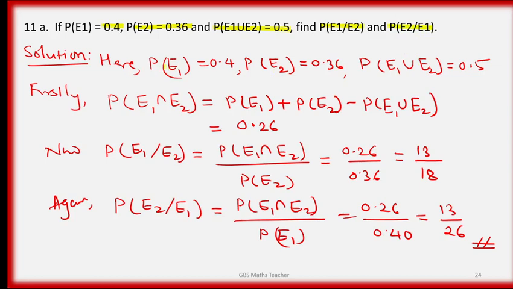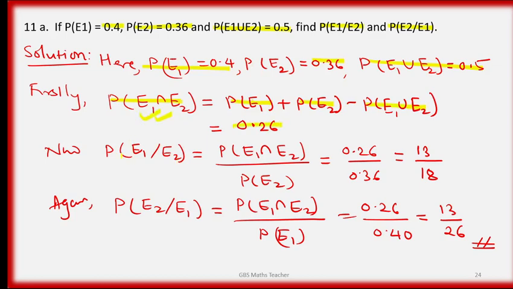Now we know P(E1), P(E2), P(union). These 3 are already given. Then intersection we can find as this plus this minus this; I have directly used this formula, interchanged. So E1 plus E2, subtracting union from this sum, we will get 0.26, that is the intersection.